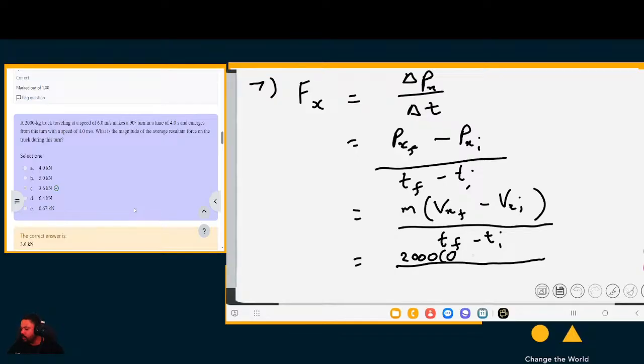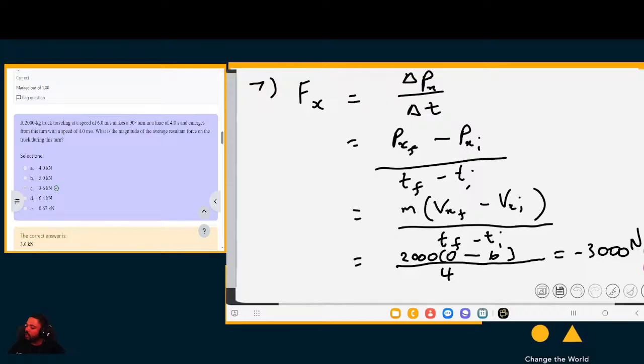It's not going to be moving in the x direction anymore, it's going to be moving in the y direction. Its initial velocity in the x direction was 6 meters per second. So we divide that by 4 seconds, and we get that the average force in the x direction is negative 3000 newtons.